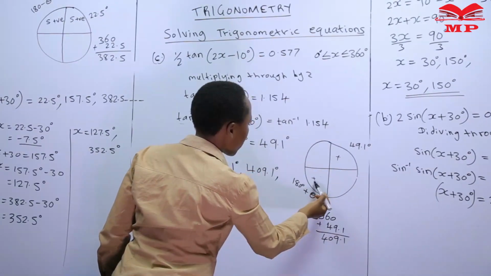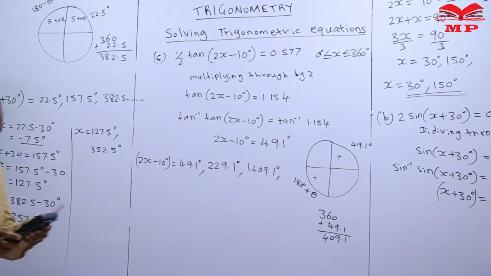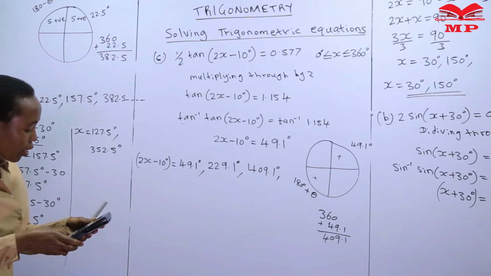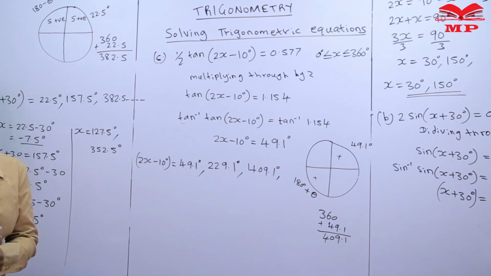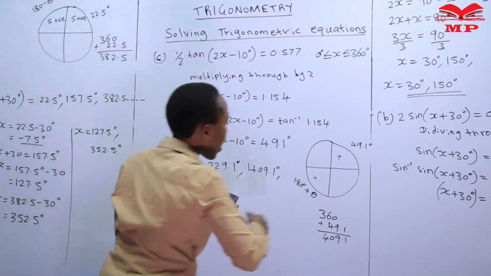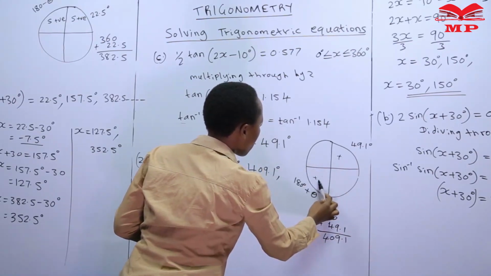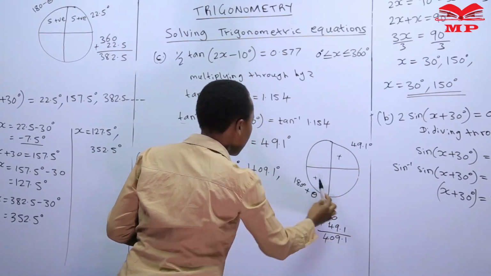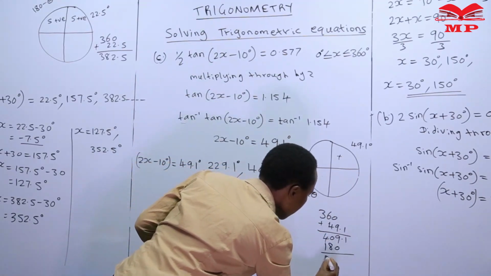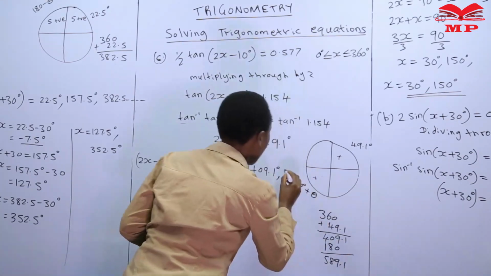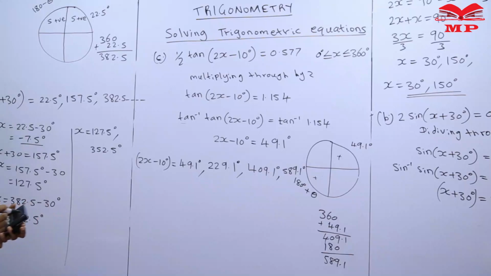Then we'll have 409.1 plus 180 degrees to get 589.1 degrees. We can stop at that.